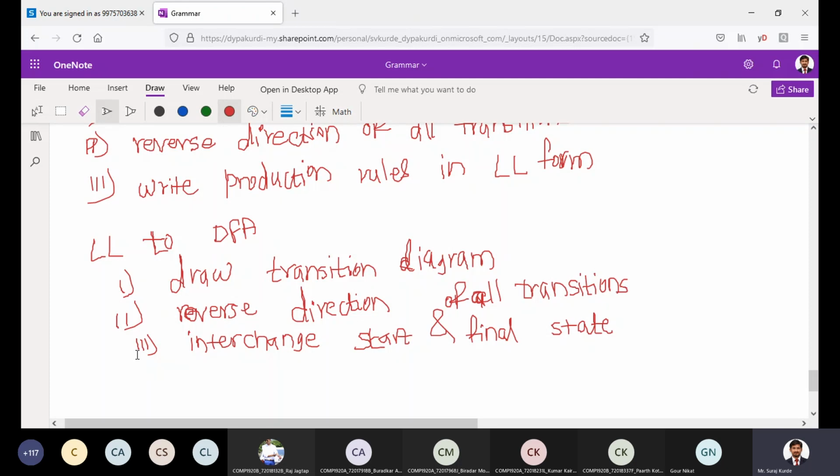So whatever we have done in the DFA to left linear, we have to perform the reverse of that. Interchange start and final state. This is the last step. First draw transition diagram, reverse the direction, then interchange start and final state. Then carry out this conversion from left linear to DFA using these three steps. These are the rules in left linear to DFA and DFA to left linear.